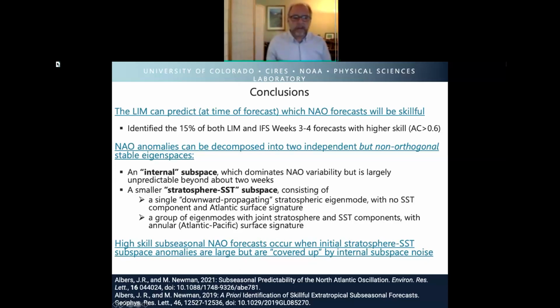So again, just to summarize all of this, this means that high-skill subseasonal NAO forecasts are occurring in nature when initial stratosphere-SST subspace anomalies are large but are covered up by internal subspace noise, and the LIM is able to identify these occurrences.